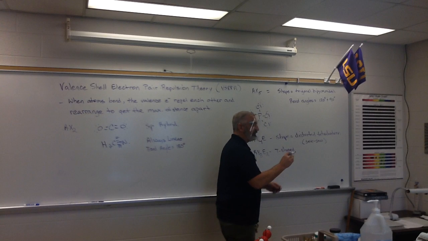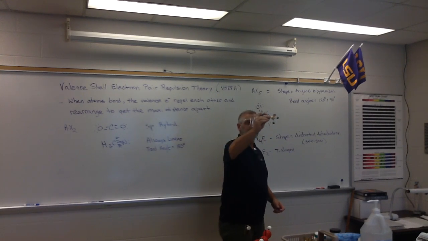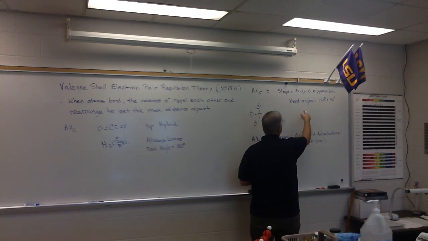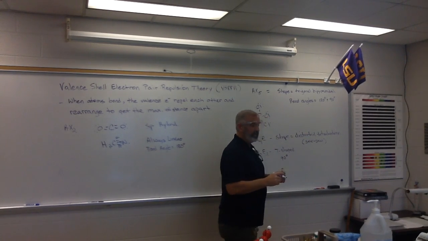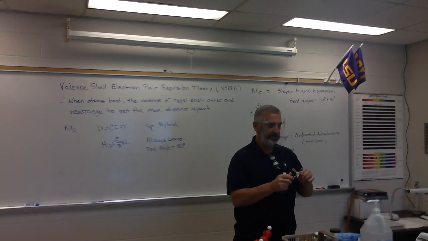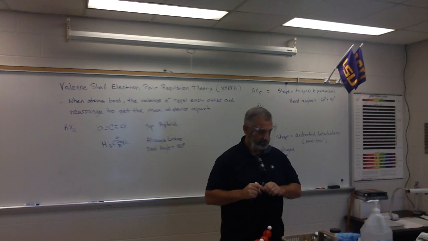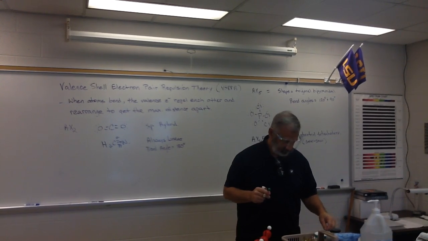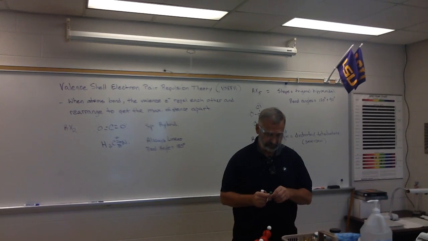Now what are the bond angles now? 90 degrees. We still have 90 and 120 on this one. And then where obviously will the last one come out of? The third. I have it right here.